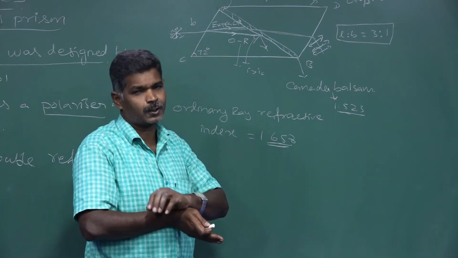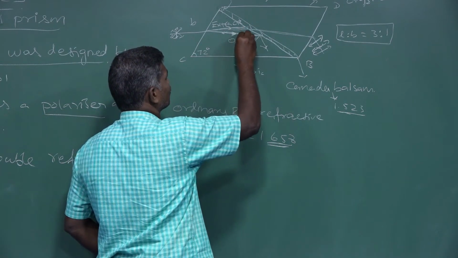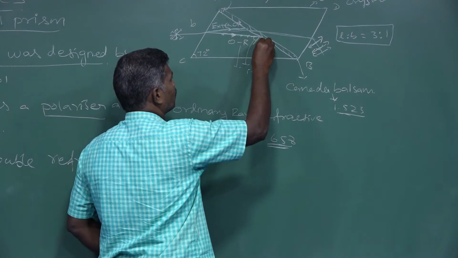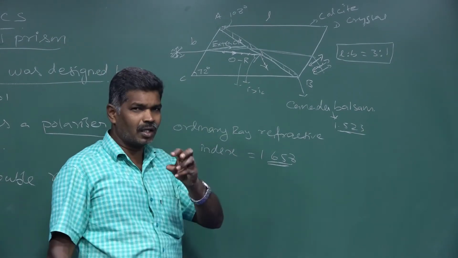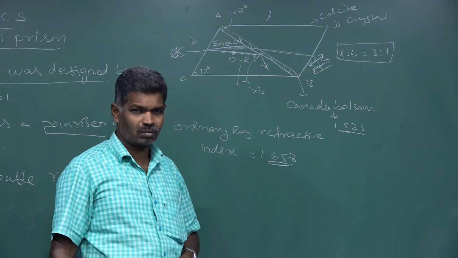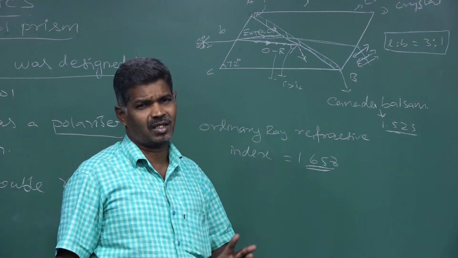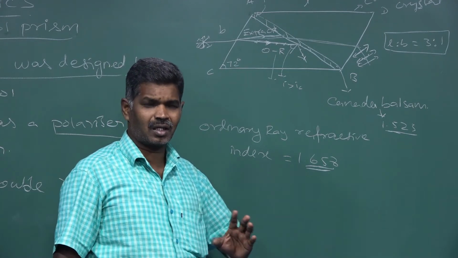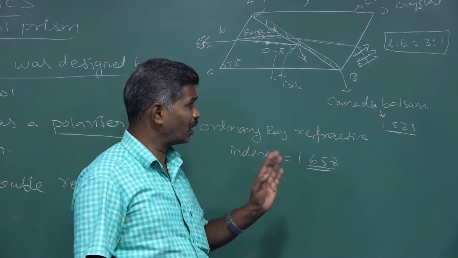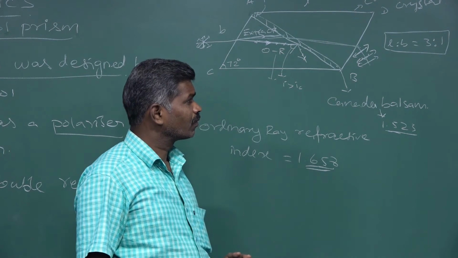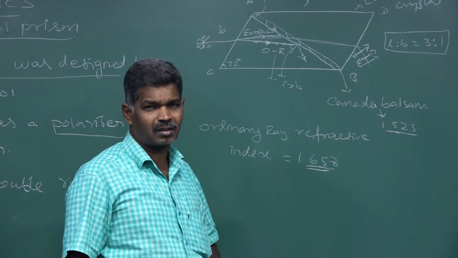That is also plane polarized, but in the ordinary ray we have vibrations perpendicular to the plane of the paper. What we are doing means we need a one-direction vibration alone. We can control the ordinary ray, but we cannot control the extraordinary ray. Even though you cannot control the extraordinary ray, it is plane polarized. So that's why by using a Nicol prism, we are producing plane polarized light.